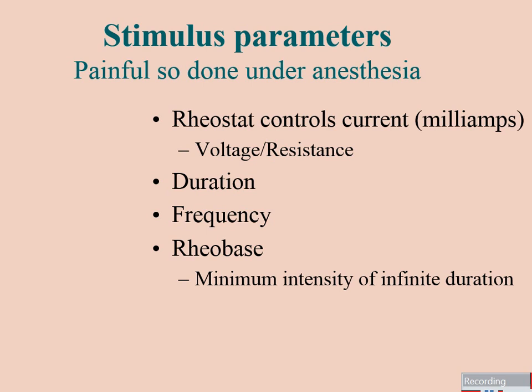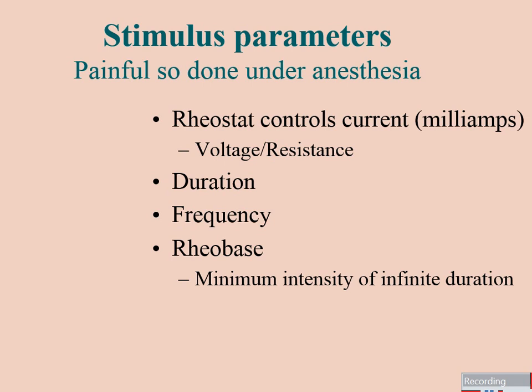Now, there are two measures that are sometimes done. This is really more old school. You don't see this too much anymore. But you can measure how excitable is that axon by looking at how much stimulus does it take to get it to fire. So one measure of this is what's called the rheobase, the base of the rheostat.